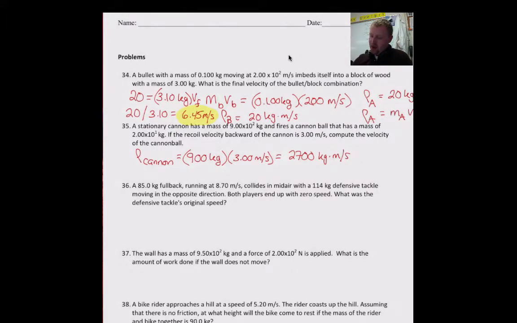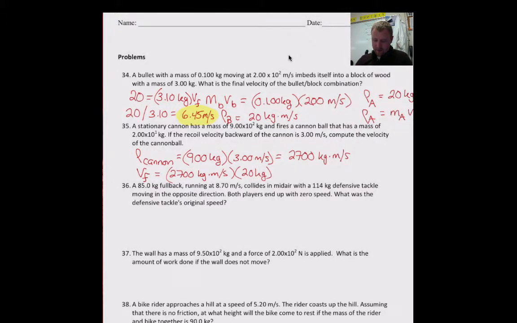So in order to find the velocity of the cannonball, we take our total momentum and divide it by the mass of the cannonball, which is 20 kilograms.